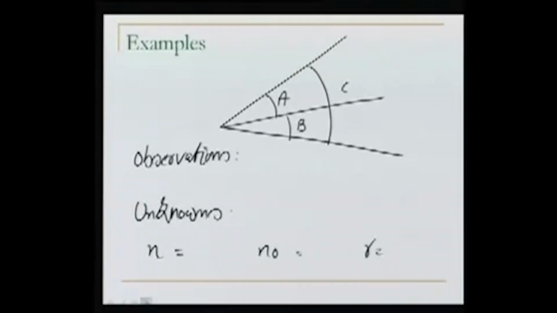Our first example: there is an observation point O, and two points P and Q are there, as well as R. We are observing the angle A by theodolite as well as angle B, and also we are observing the angle C. The observations are A, B and C. What do we desire from this?